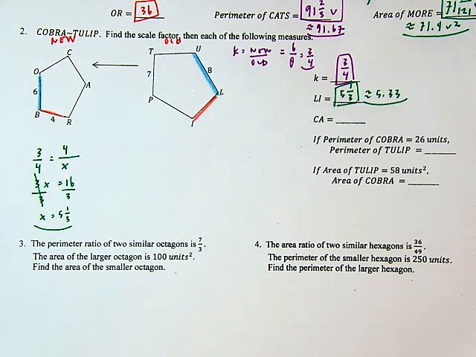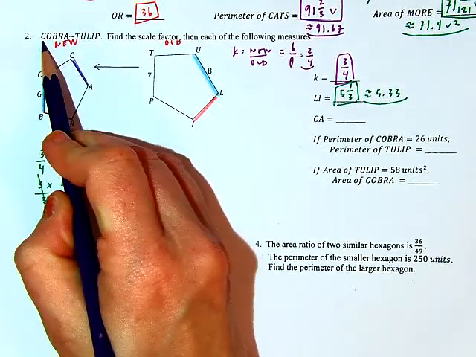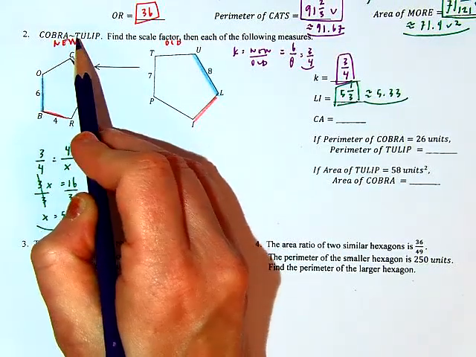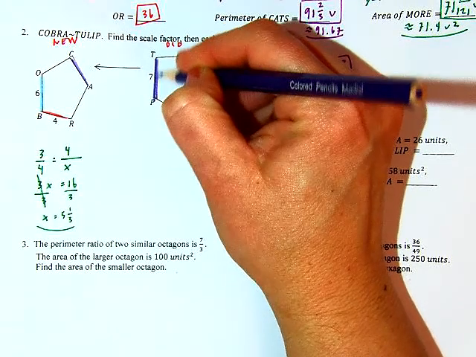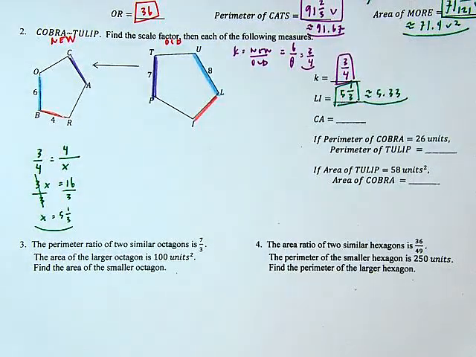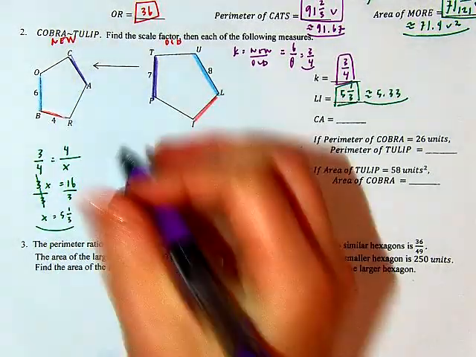All right, next I want CA. So CA is right here. CA. That would sync up with TP right here. So again, if I start with a 3 to 4 ratio, right, 6 to 8 is just 3 to 4.